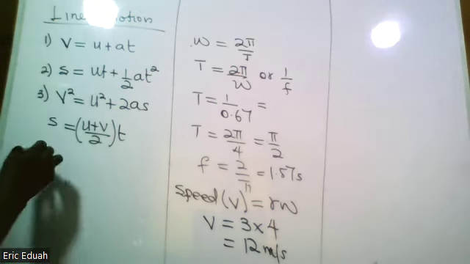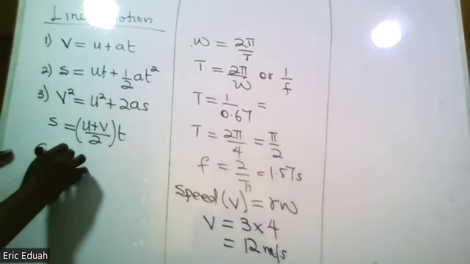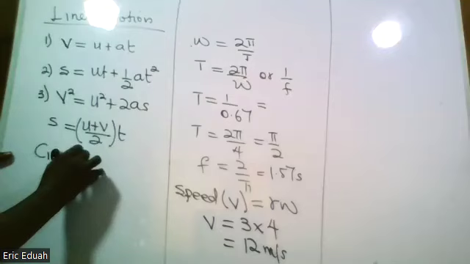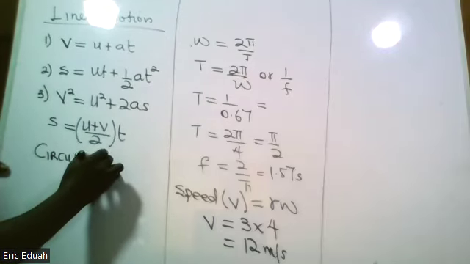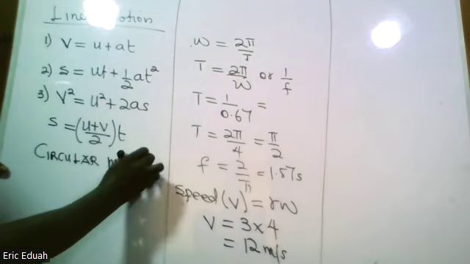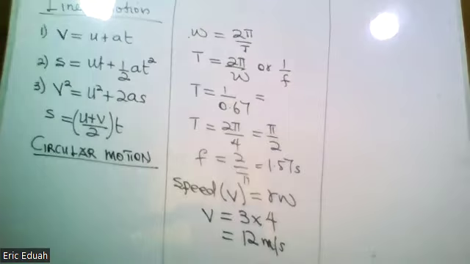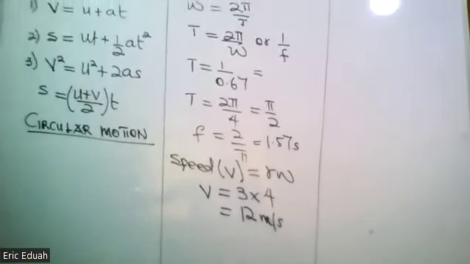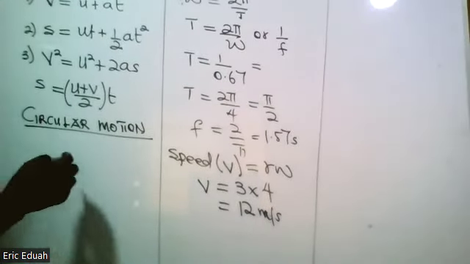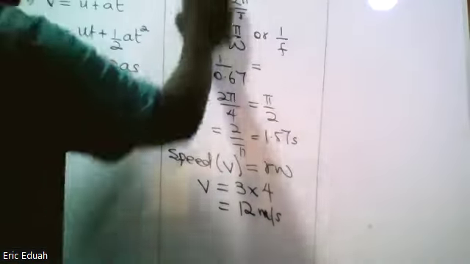Now, under circular and rotational motion, we have similar equations. For linear motion, equation 1 is V is equal to U plus at.